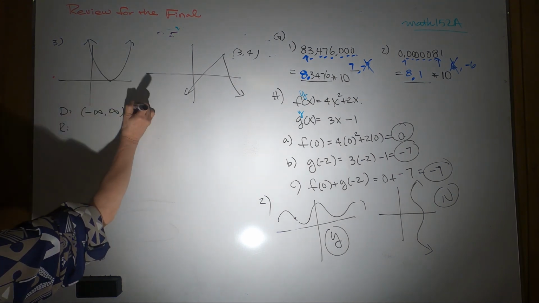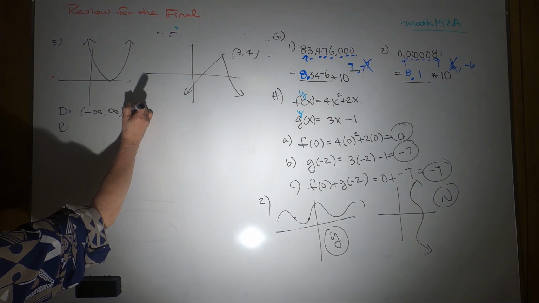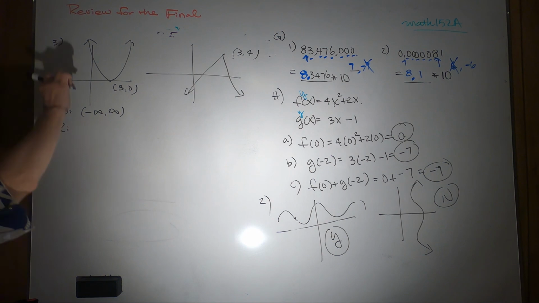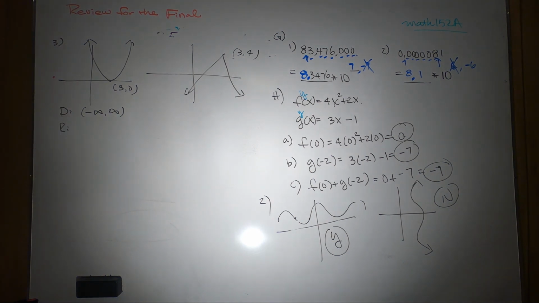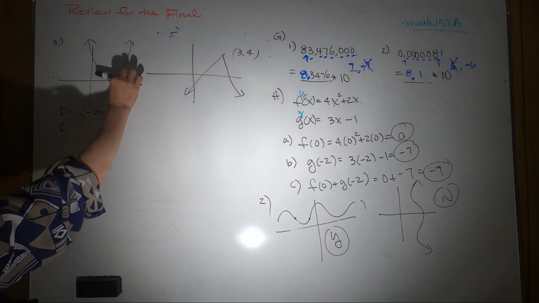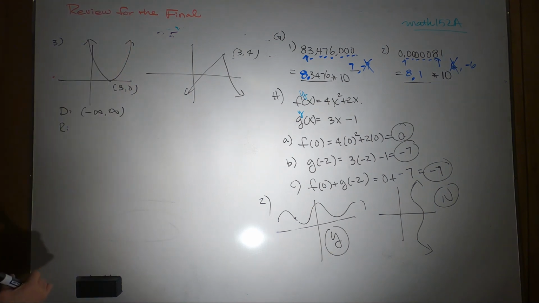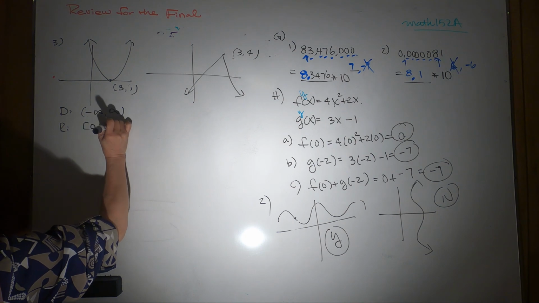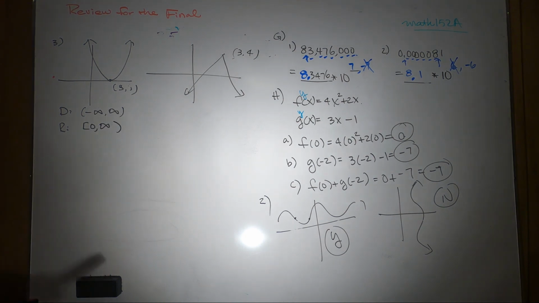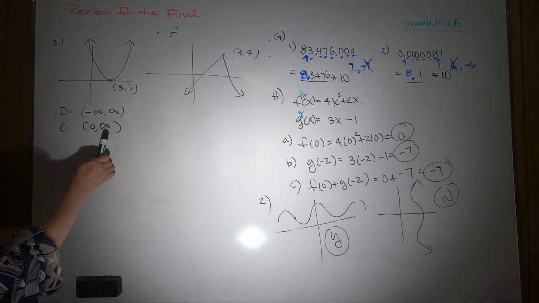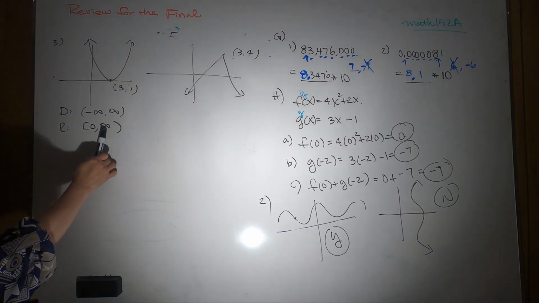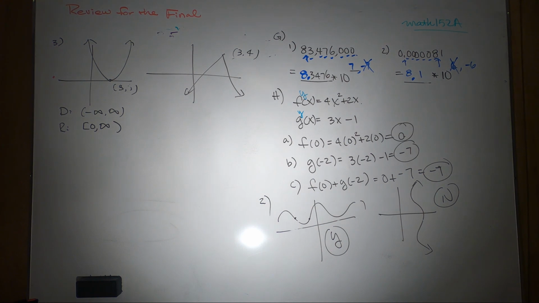What's your range? This value is 3, 0. So how far can you go up and down? You cannot go down, you can only go up from 0, so 0 up to infinity, right? You always write from the smaller number to the larger number. With infinity, you always use parentheses.